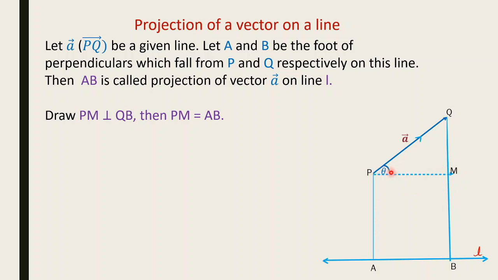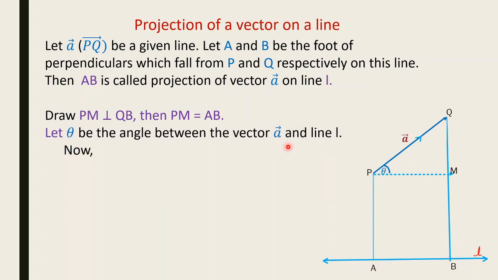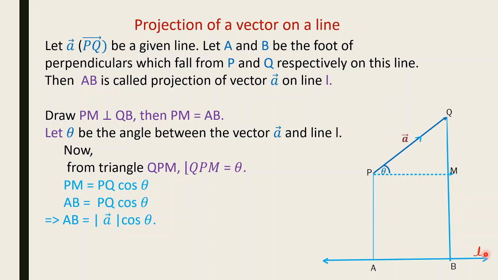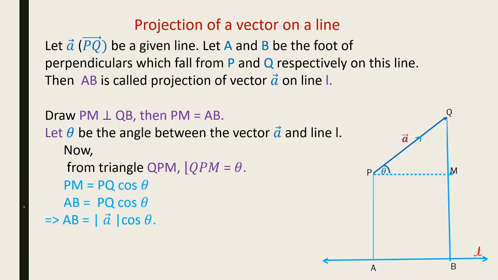So take here angle theta. Theta is the angle between PQ and PM. It is nothing but the angle between PQ and AB, because AB and PM are the same. So theta is the angle between vector A and line L. Then in triangle QPM, use the cos ratio, that is cos theta.